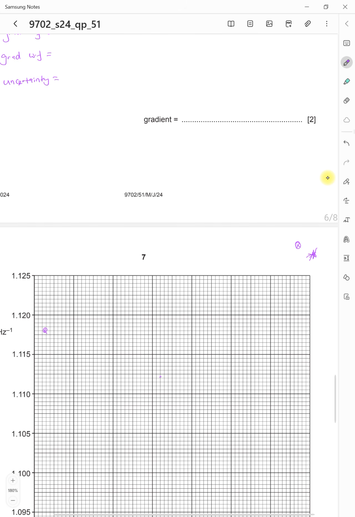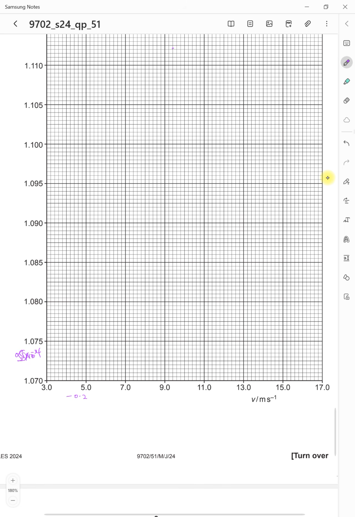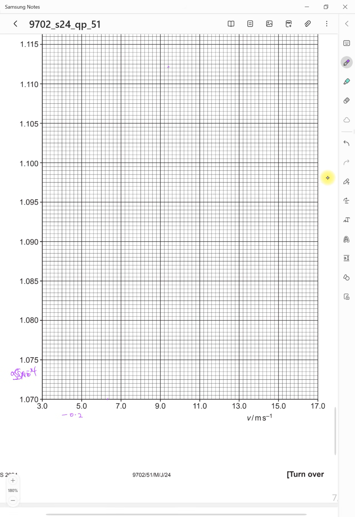Okay. The next point is 6.3. Remember each small square is 0.2. So 1, 2, 3, 4, 5, that is 6. 6.3 is in the middle of the box, I think. Then 1.110 is there.